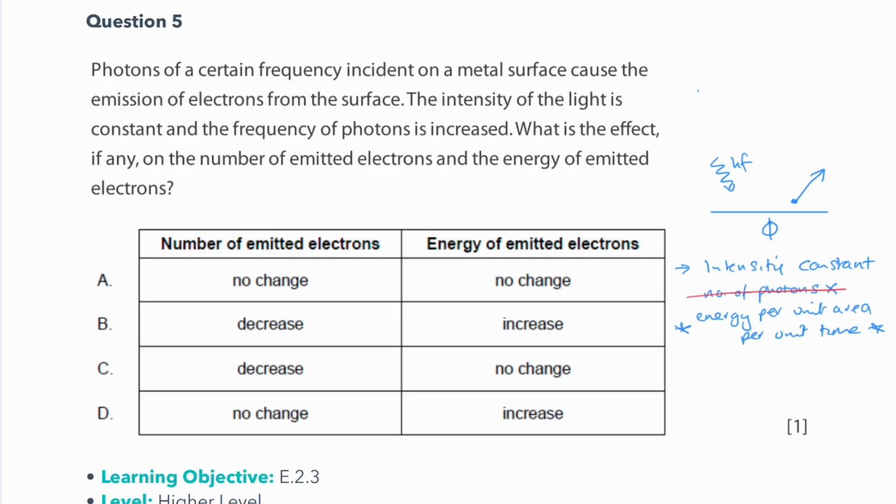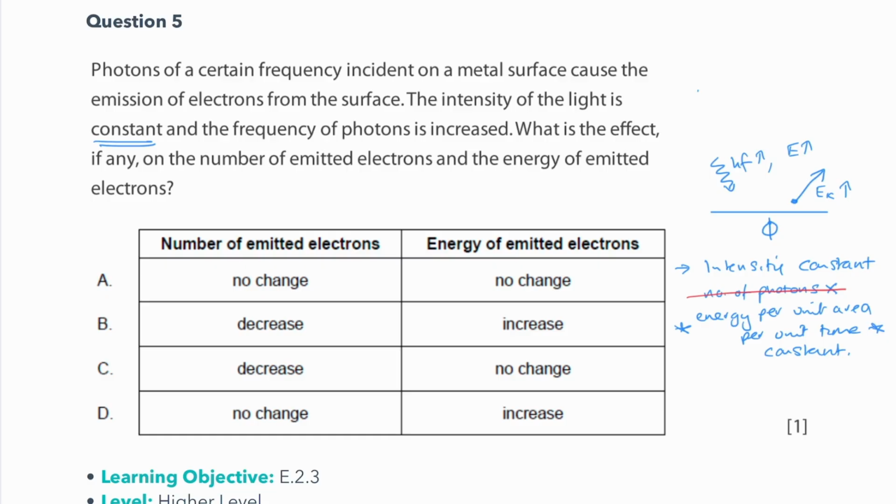So the intensity stays constant and the frequency of the photons is increased. That means that the energy of the photon increases, which means that the kinetic energy of these photoelectrons increases as well. What is the effect, if any, on the number of emitted electrons and the energy of the emitted electrons?